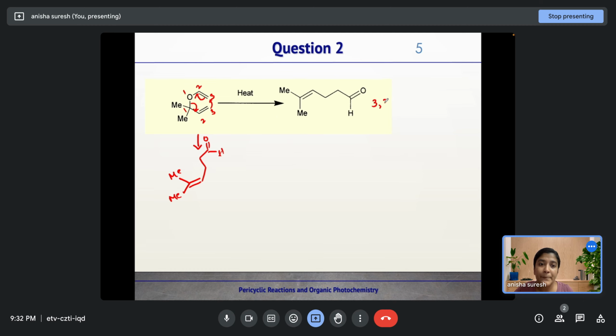So this is a 3,3 sigmatropic rearrangement, which is also known as Claisen rearrangement, as it is involving an oxygen in the system. And these sigmatropic rearrangements are an example of pericyclic reactions.